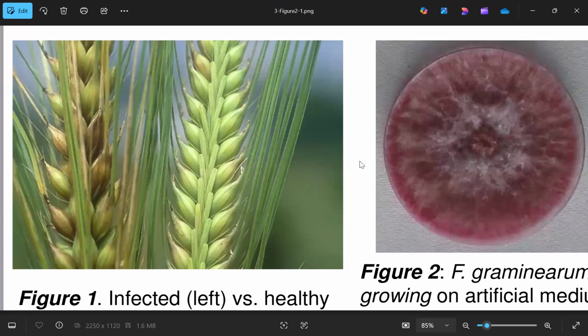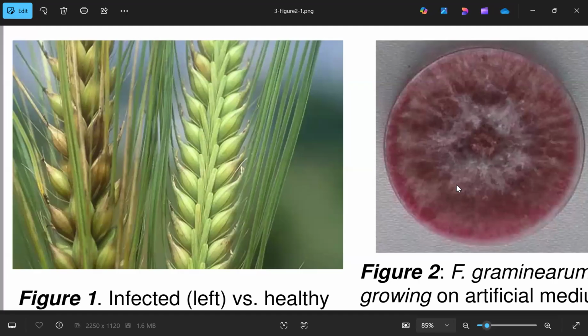The left is showing the unhealthy version on this picture. So you can see here, this is where the actual fungus is on the seeds. And here's a healthy version. Now, if you take a swab and grow it on an artificial medium, you'll actually see the fungus grow this way. So this is Fusarium graminearum.